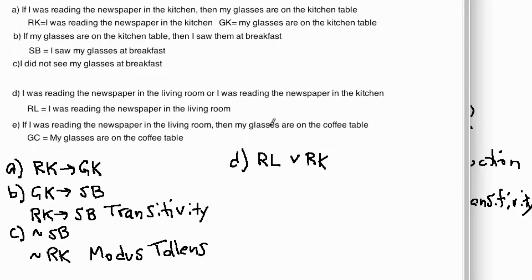Okay, but notice the following. I've already derived not RK, and over here I have RL or RK. So I can make a conclusion over here, RL. And if you go back and look at the rules, that is by what's called elimination.